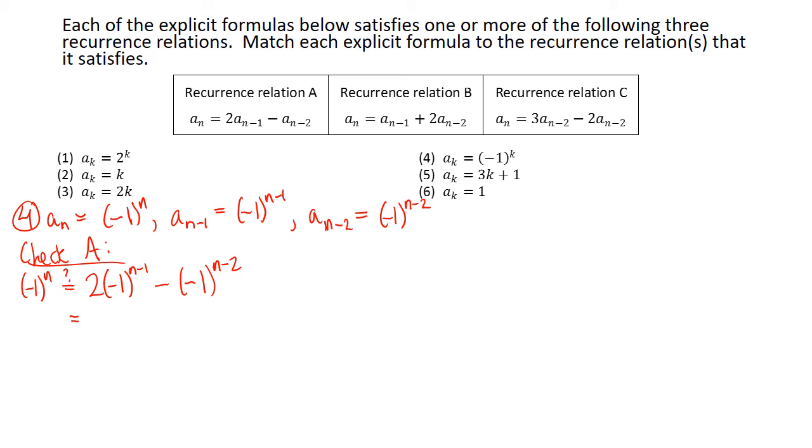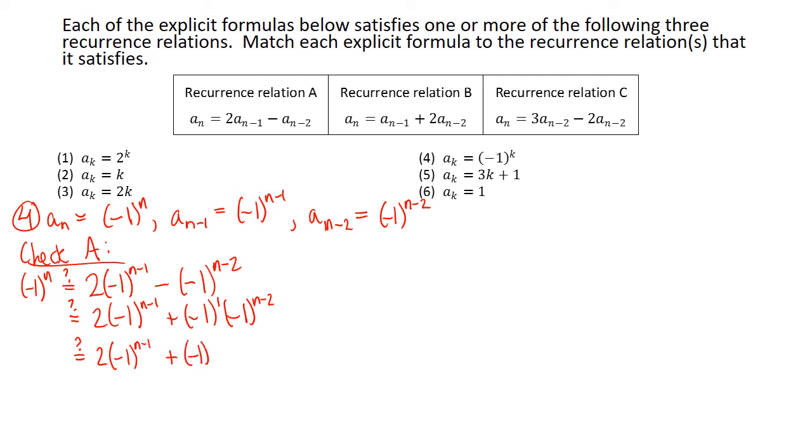Okay, so this is maybe a little bit tricky, but what I can do here is I can rewrite the minus as plus -1 times -1 to the n minus 2, and then I can add the exponents there together, so this is -1 to the 1, and then 1 plus n minus 2 is going to give me this, so 2 times that.